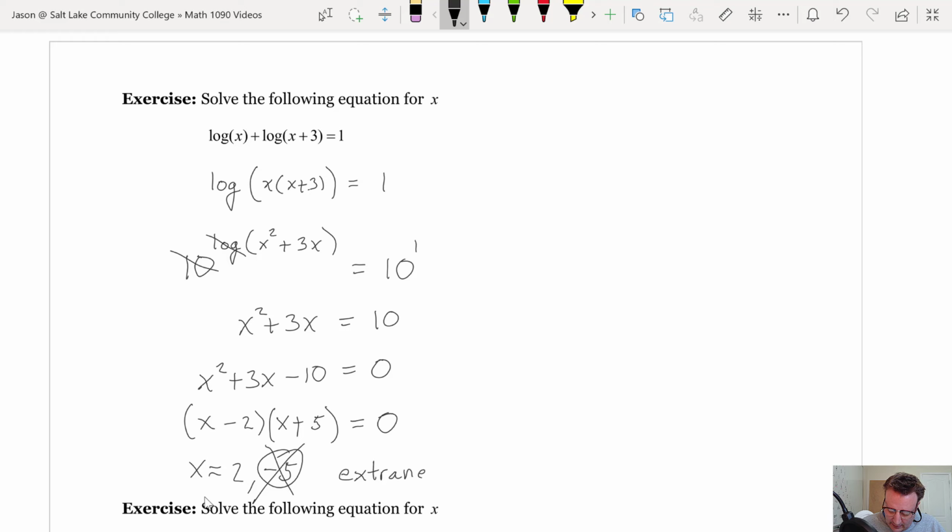It's spelled like this. Extraneous. Okay, so there we go. Notice if x equals 2, if I plug it into both logarithm expressions in the original equation, it's completely fine. I get values that are in the domain of logarithm.